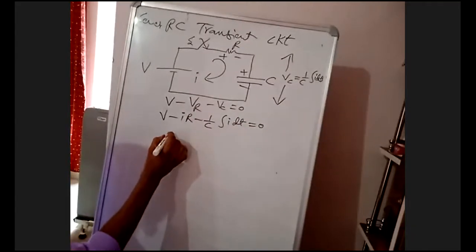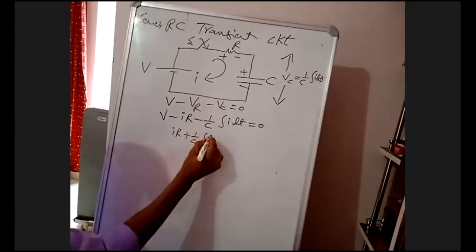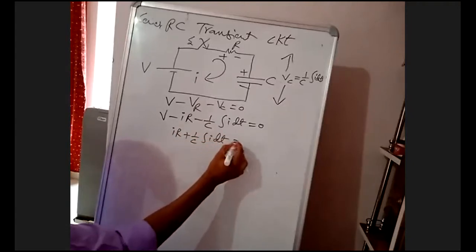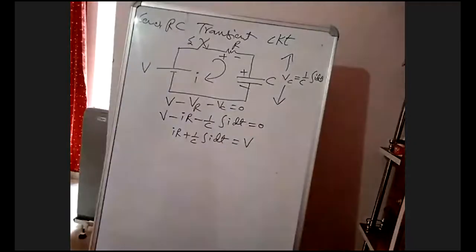Now here, write down this equation. Here there is no first order differential equation. We have to convert it into differential equation. Integration should not be there in the equation.